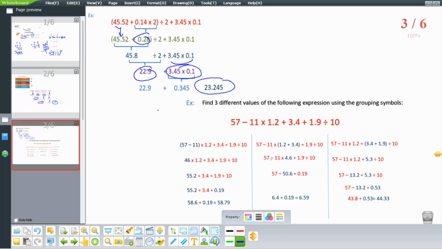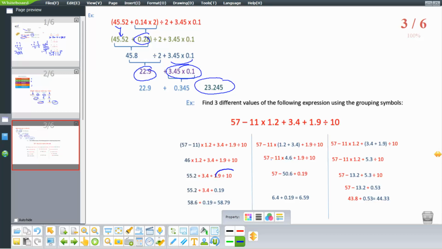Okay, so let's see. If we put brackets around 57 minus 11, 57 minus 11 will be 46. Then multiply it by 1.2, it will be 55.2 plus 3.4 plus 1.9 divided by 10.